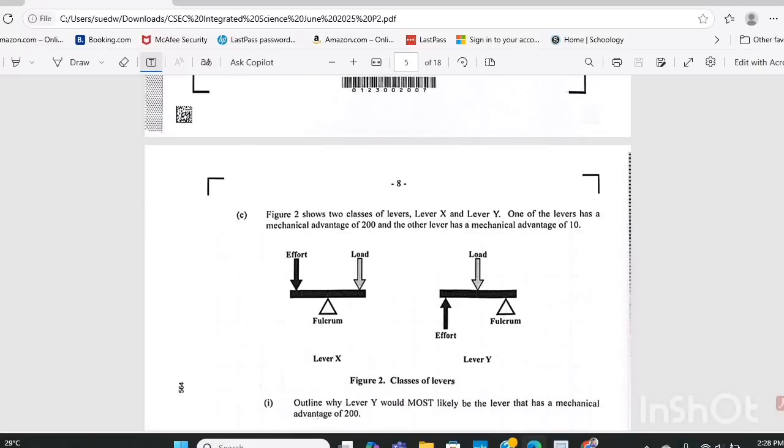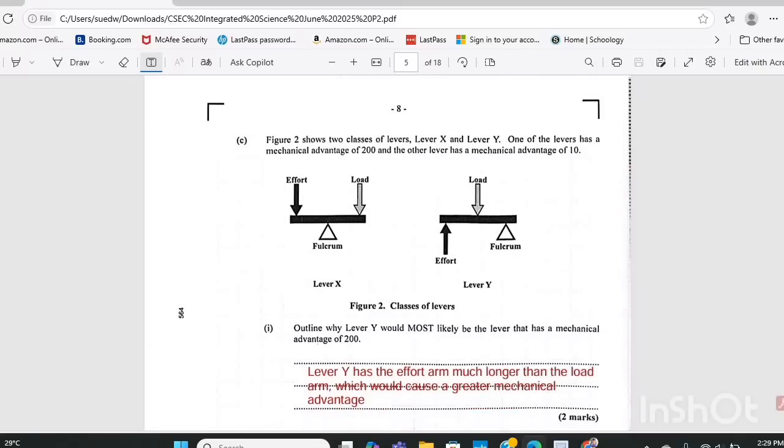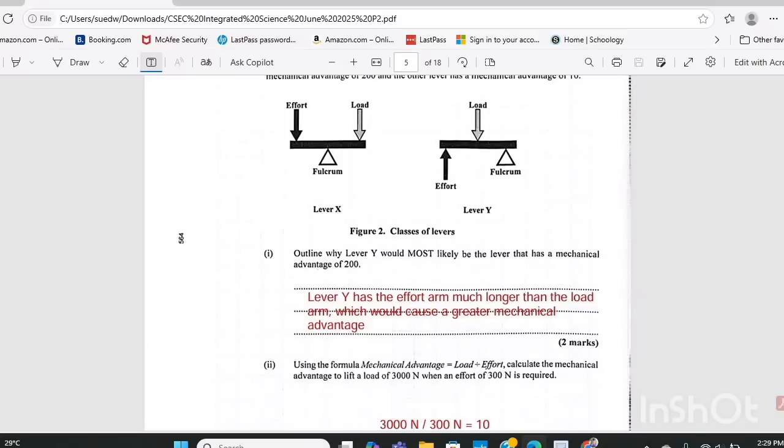It says outline why lever Y would most likely be the lever that has a mechanical advantage of 200. So the answer is lever Y has the effort arm much longer than the load arm, right? Which could cause a greater mechanical advantage. So it's farther away from the fulcrum than the load, right?